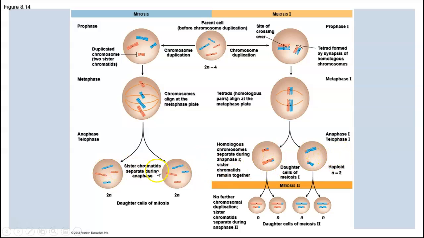We end up with 2 diploid daughter cells here at the end of mitosis, whereas at meiosis 1, we have 2 haploid daughter cells with duplicated chromosomes that then have to undergo another set of divisions to produce the 4 haploid daughter cells, each of which, because of crossing over, is genetically unique from the other ones.